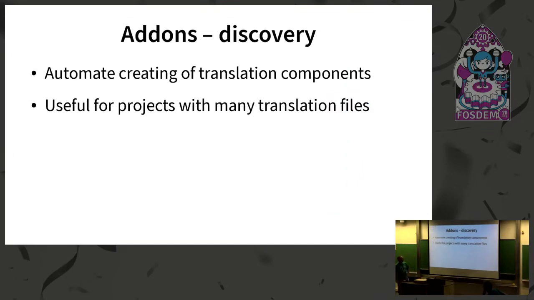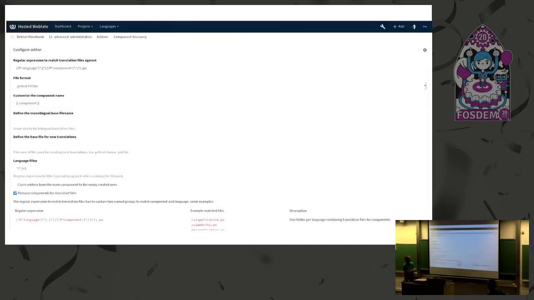One of the add-ons which is quite useful for big projects is component discovery. In that case, you don't have to manually configure a lot of components, but you can define the mask again using regular expressions. It's not the most user-friendly thing, but it's quite a flexible way.